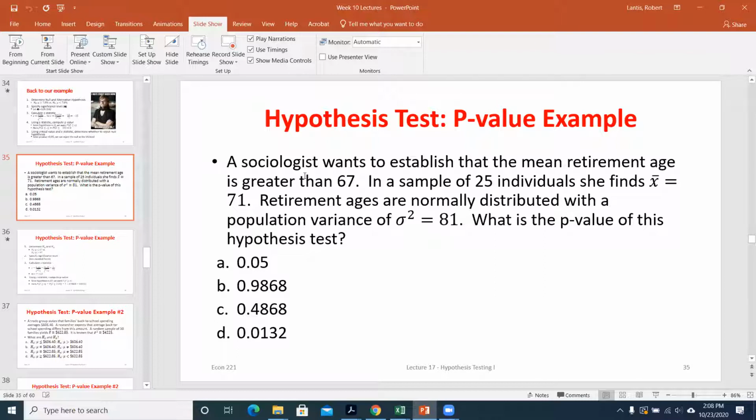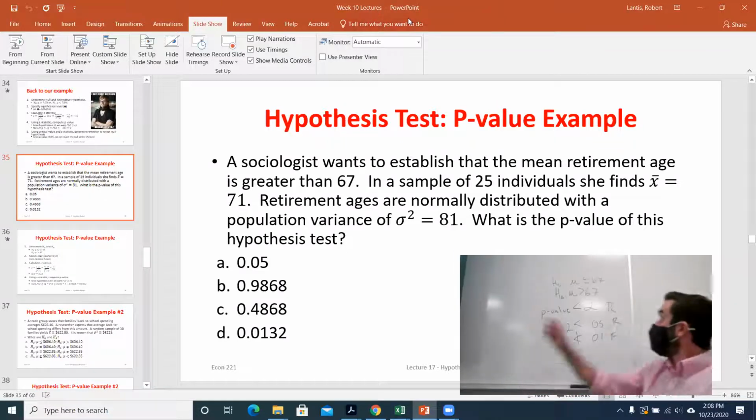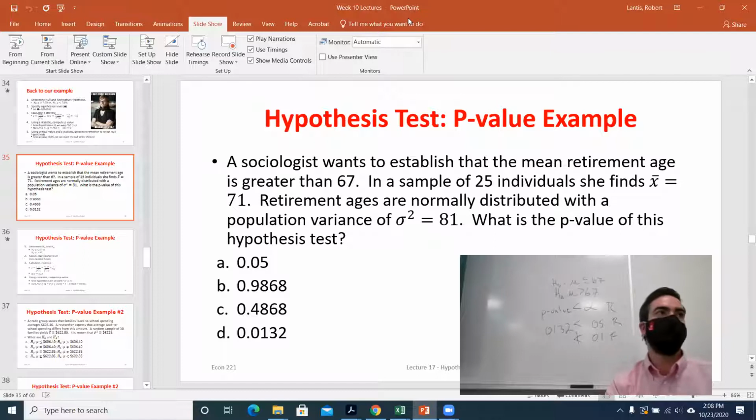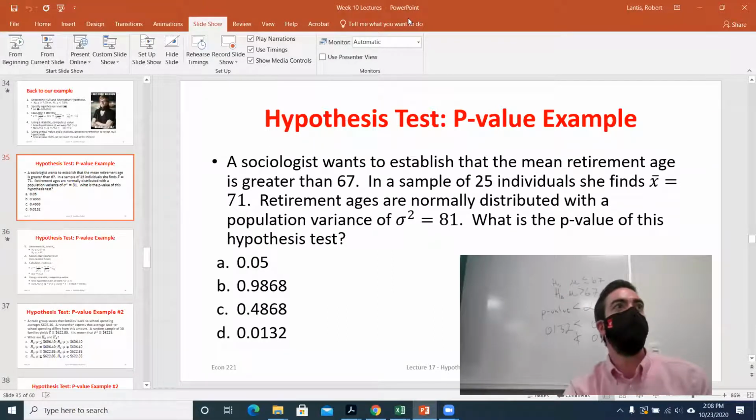And I'm trying to use this to push a certain policy or something like that, well, then yeah, if I can't reject the null that we had, which was that it's less than or equal to 67, no one's going to listen to me about my policy to, I don't know, increase aid to elderly, something, whatever the policy is. Increase social. Yeah, exactly, right? Something like that.